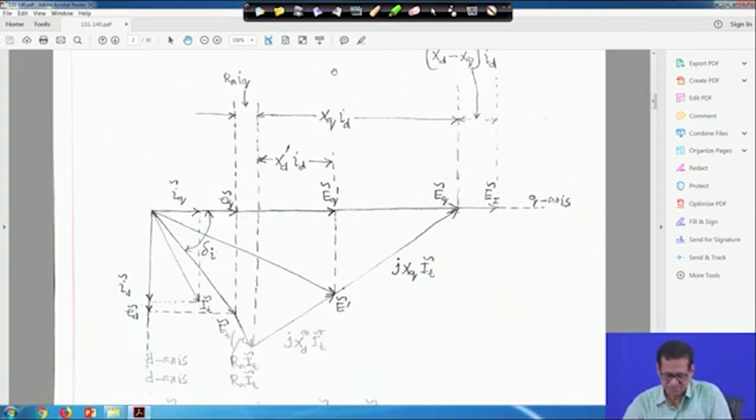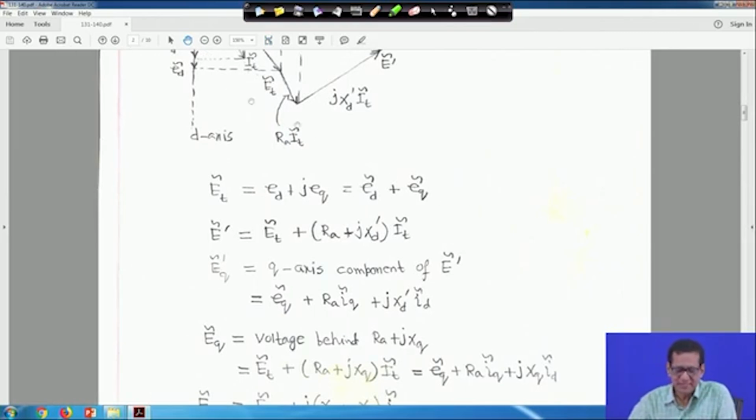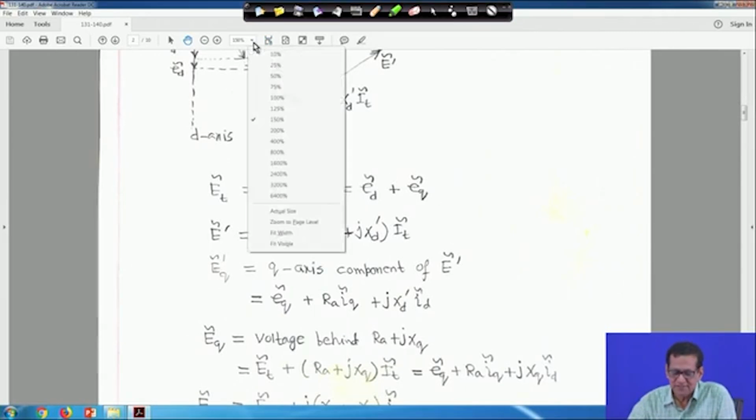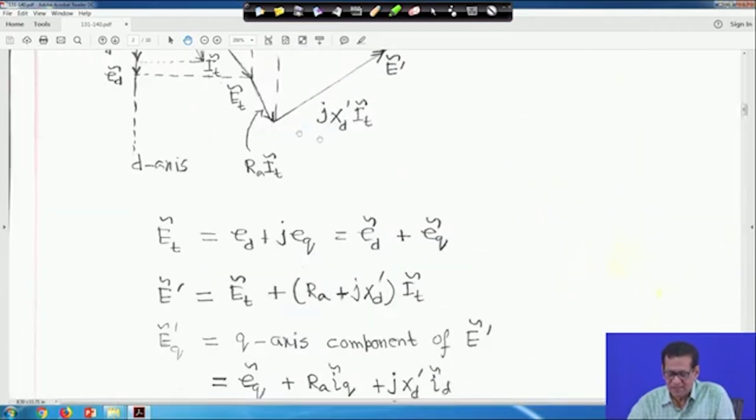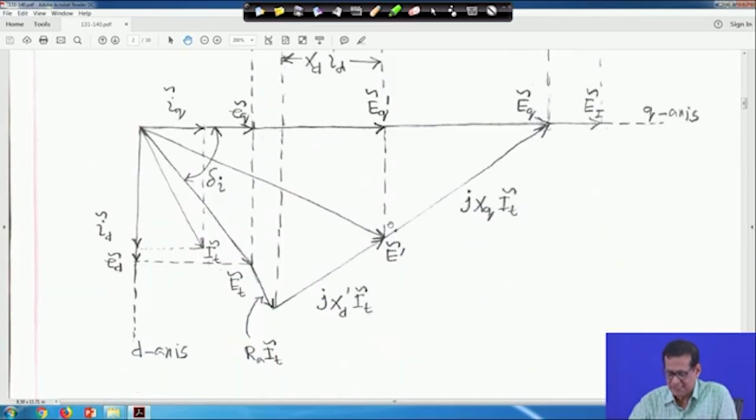Just for your reference I have written this out, and I am zooming in a little bit. ET tilde is equal to ED tilde plus jEQ tilde, this way we write, whatever has been drawn here.